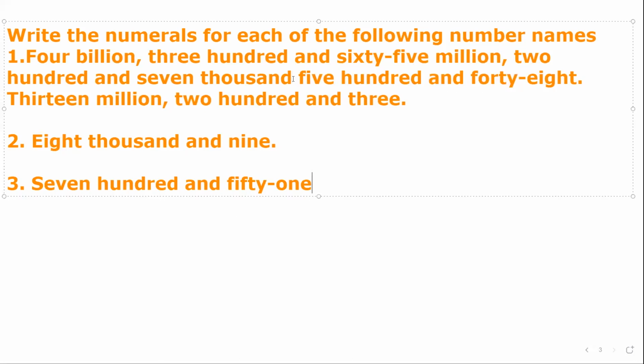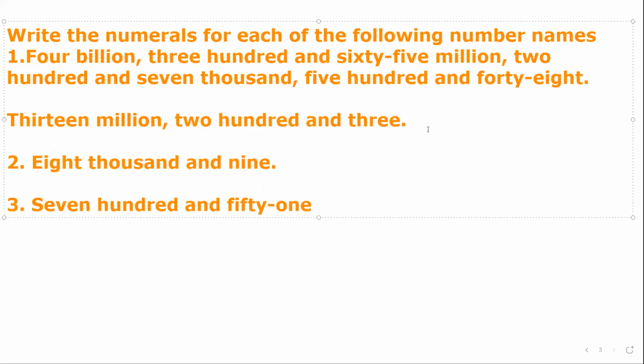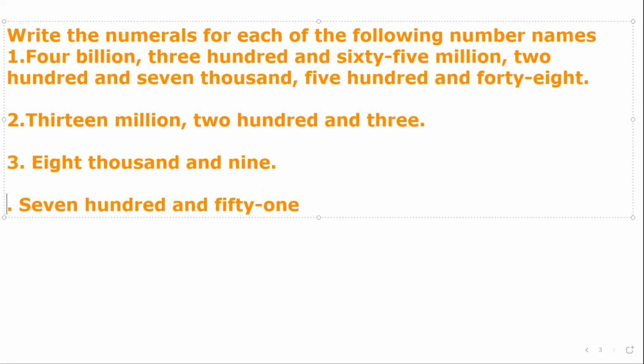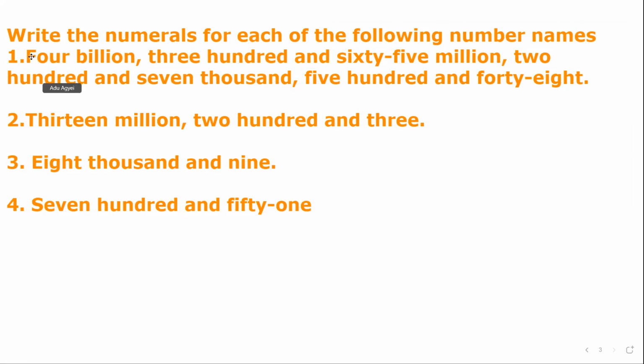So here is the comma. Then here is supposed to be question 2, here is 3, here is 4. You are going to solve them one after the other. So the first one says what? 4 billion. So you write your solution.